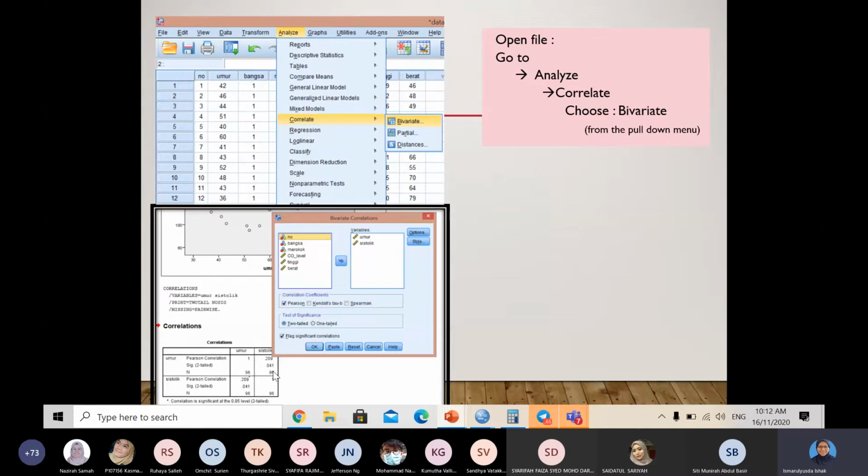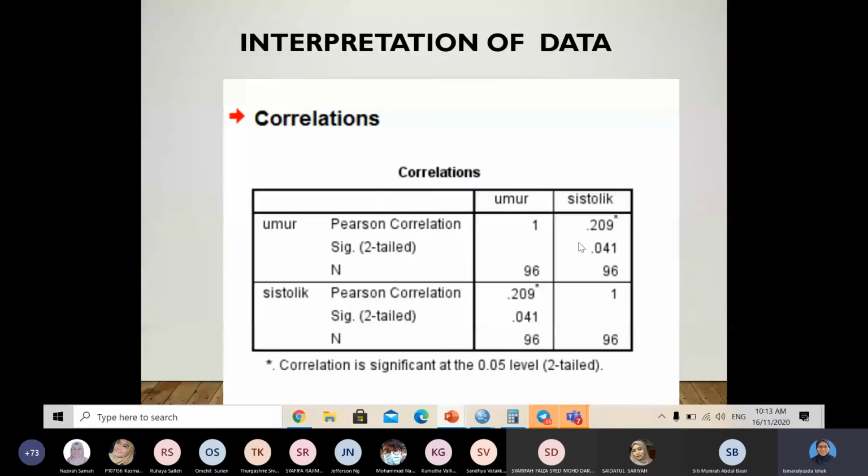The p-value 0.04. Oh, significant. It's significant, but the R is 0.2. Okay. Here, from here, this is only one result, not two results. This is the same, like a mirror. So you can write in your report only this one.